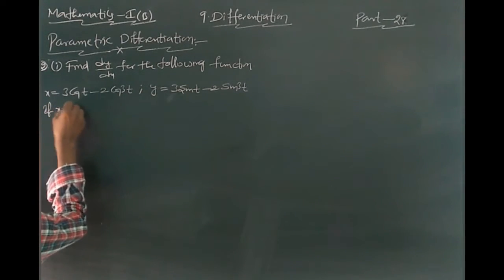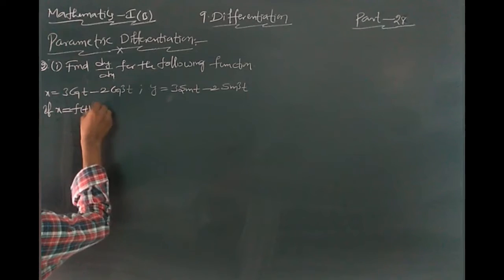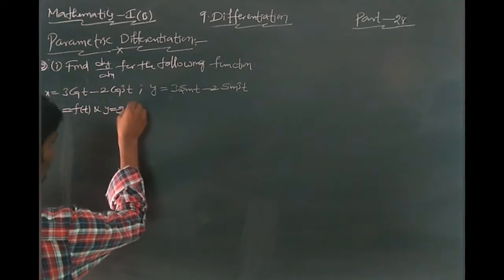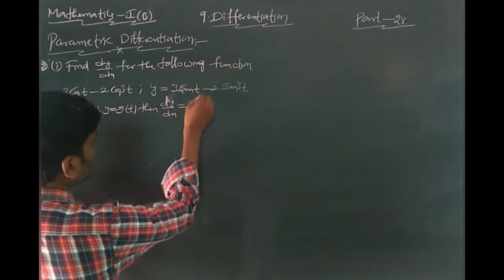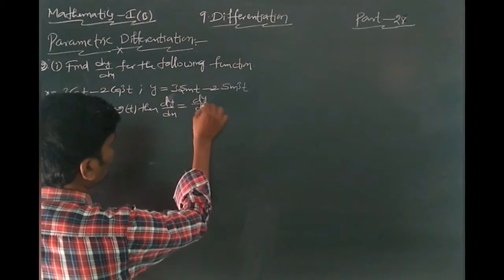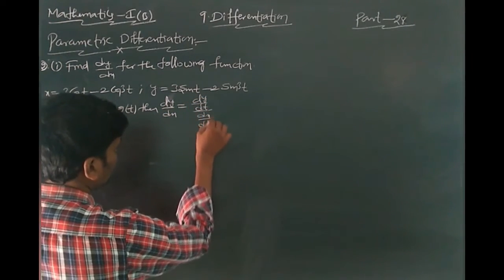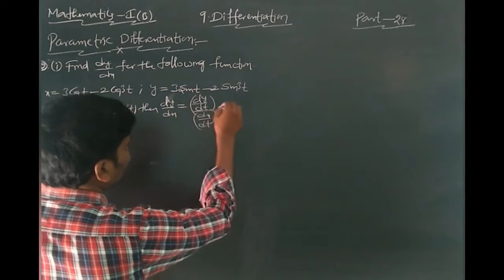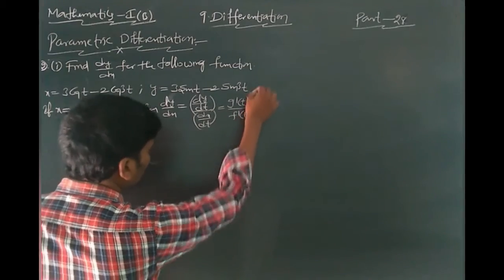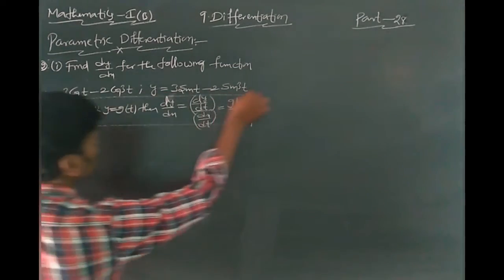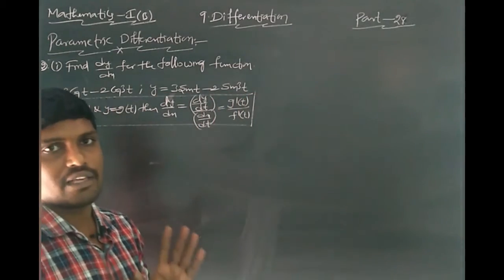First of all, you can write the formula. If x is equal to f of t and y is equal to g of t, then dy by dx is equal to dy by dt by dx by dt, which can be written as g dash of t by f dash of t. If you write this formula, you get 1 mark in the annual examination.